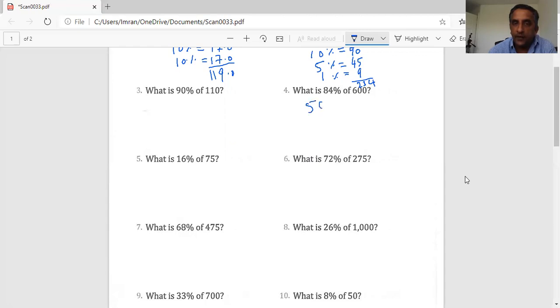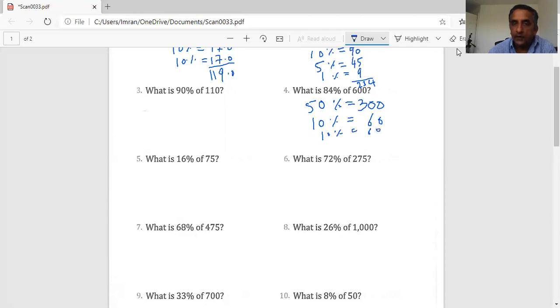That's easy to find. 50% means half of 600, so 50% is 300, because that's half. Then we find 10%. 10% of 600 is 60. Then we find another 10%, that's 60.